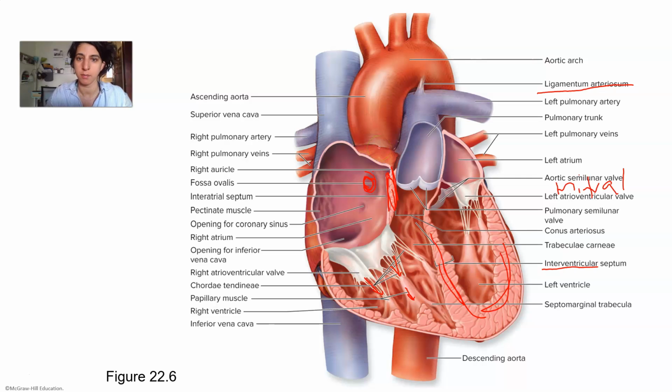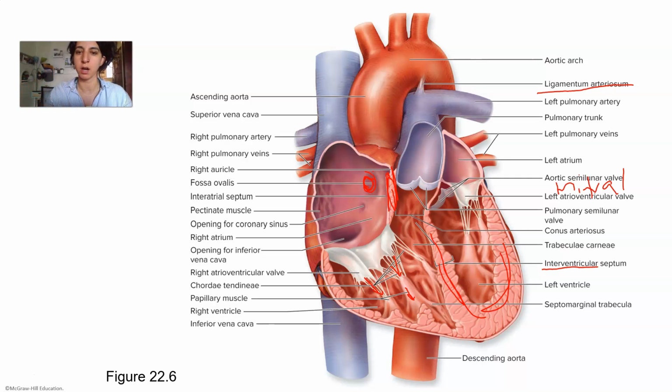Okay, just another couple of really important structures. We're on the topic of valves. So we have our two AV valves, and then we have our semilunar valves. The semilunar valves are also going to function to do what? Unidirectional blood flow. So the heart contracts, and blood leaves both ventricles.